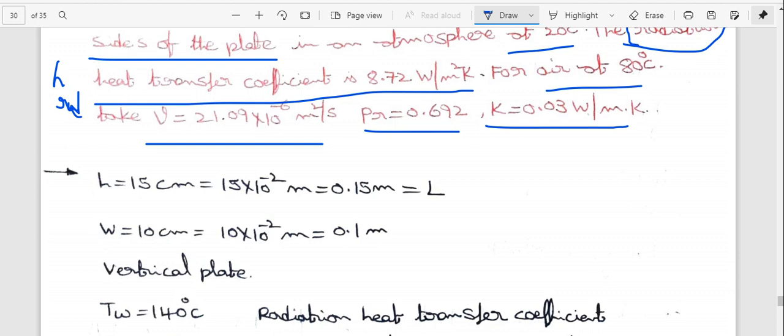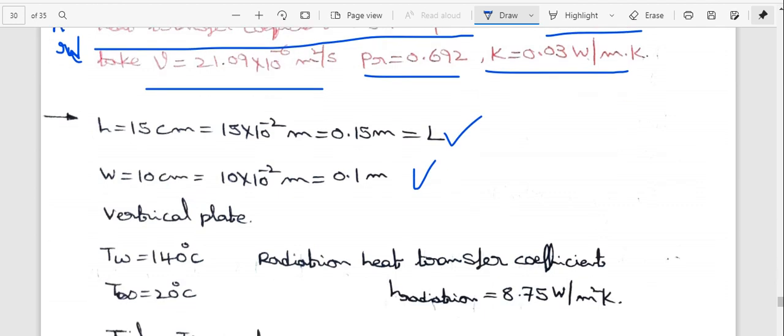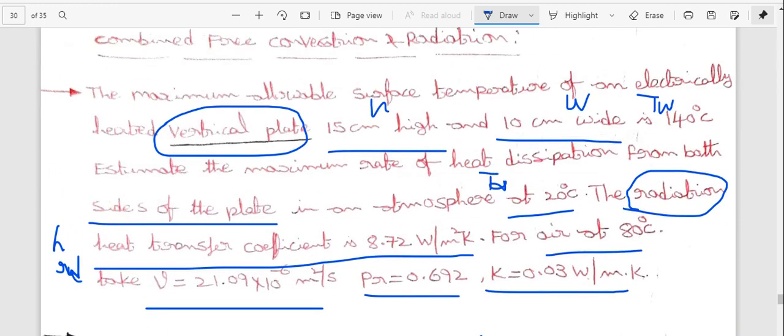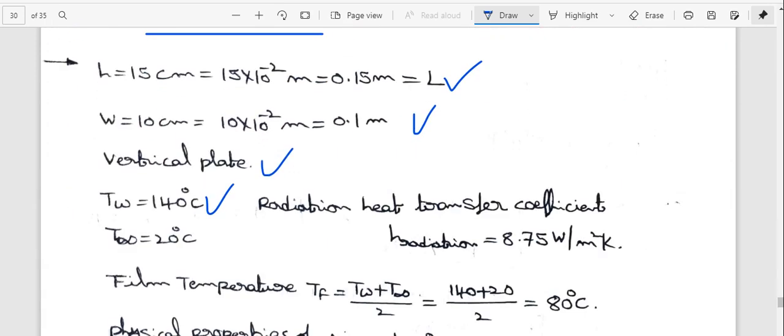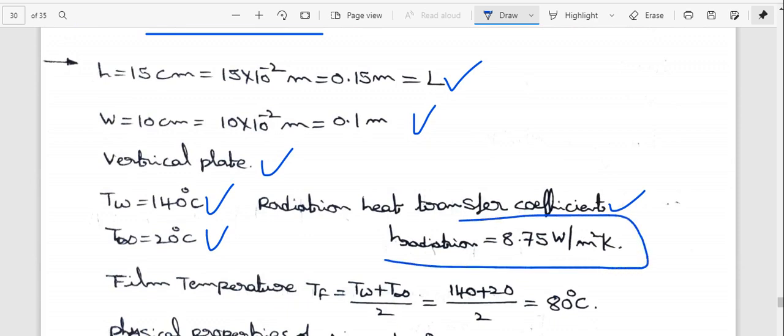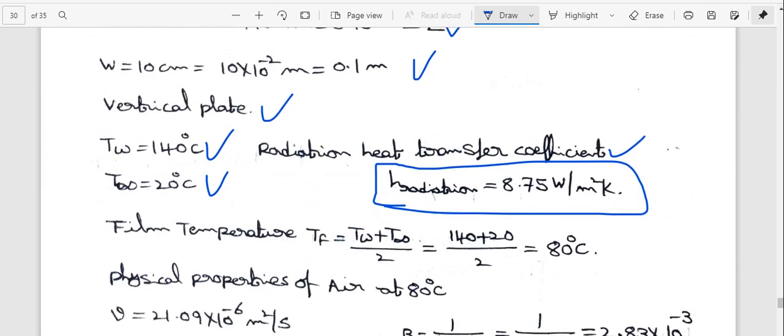H equal to 15 centimeters is equal to L, width equal to, and this is the vertical plate. Vertical plate temperature is 140 and atmospheric air temperature is 20 degrees, so T infinity is equal to 20. In this case the radiation heat transfer coefficient h radiation is equal to 8.75.